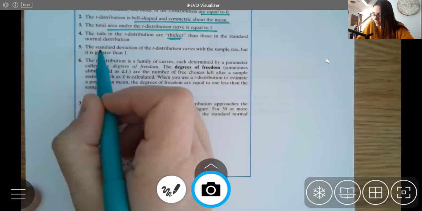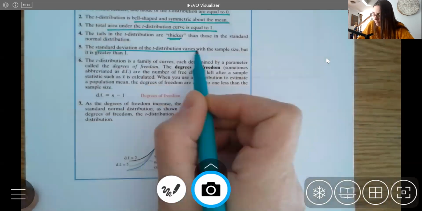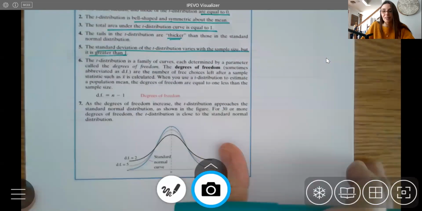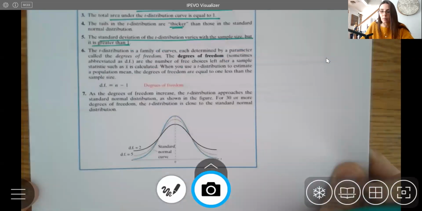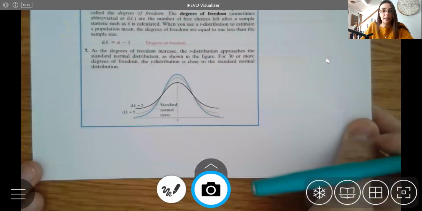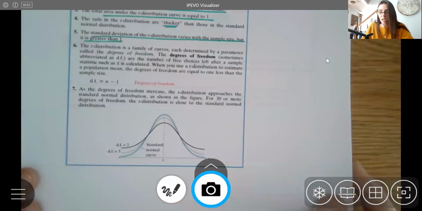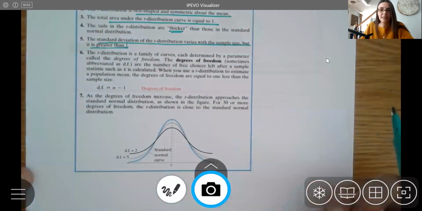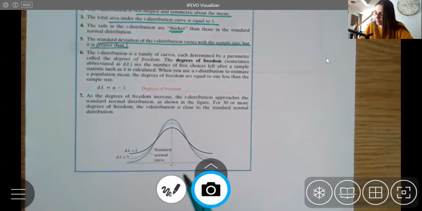Here's a big change. The standard deviation for the t distribution varies with sample size, but is greater than 1. In the standard normal curve, the standard deviation is always 1. In the t, it's not. It does change. The t distribution is a family of curves. So again, they all kind of look similar, but they're a family, so they're not all the exact same curve all the time.